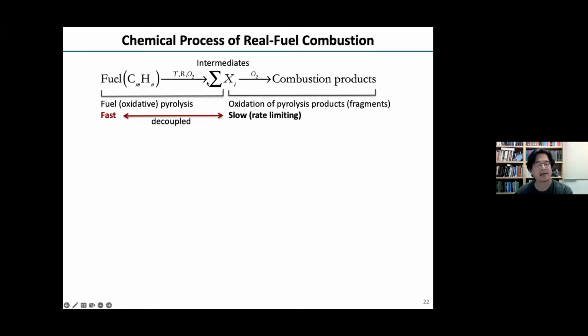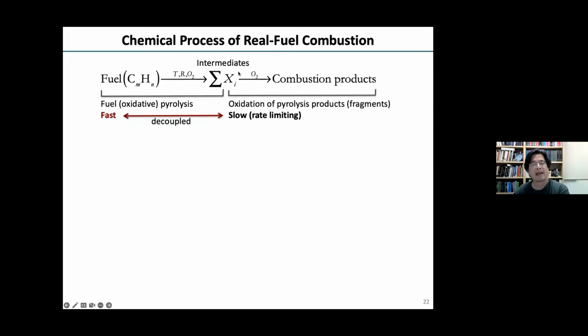The initial reaction process, if you heat it, whether it's in the flame front or through other means of heat transfer raising the temperature, what you're going to get out is a set of intermediates. I denote these intermediates as X_i.